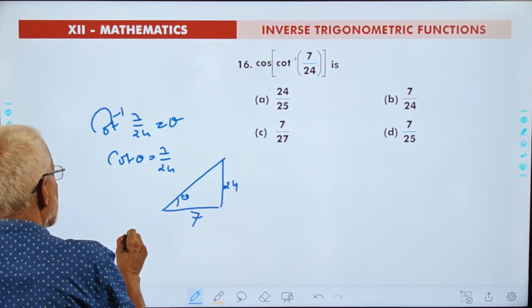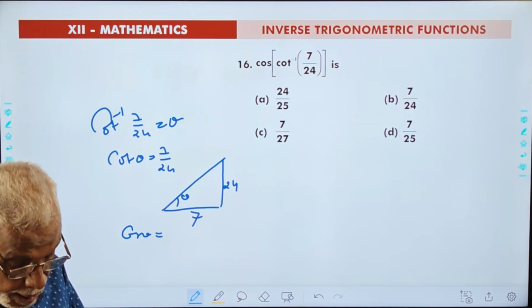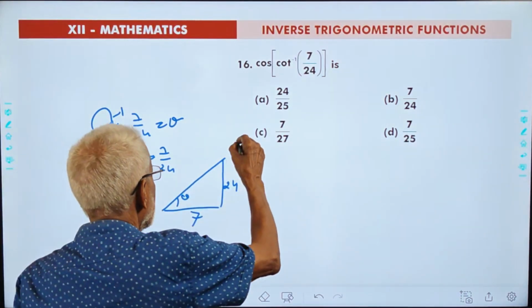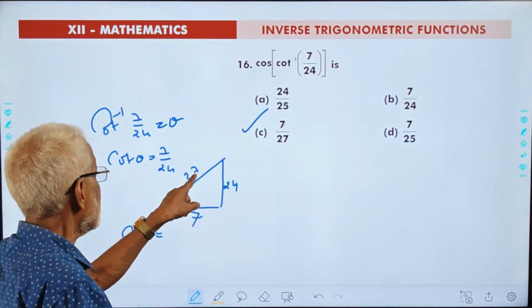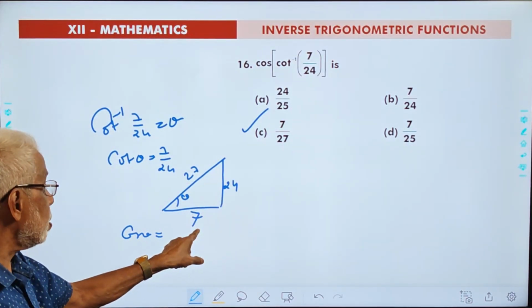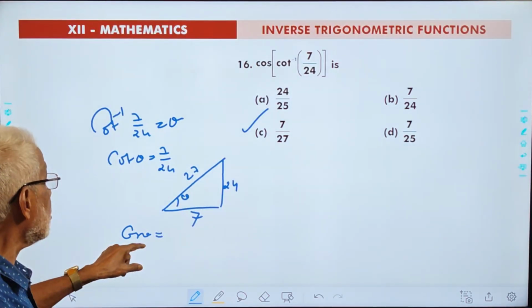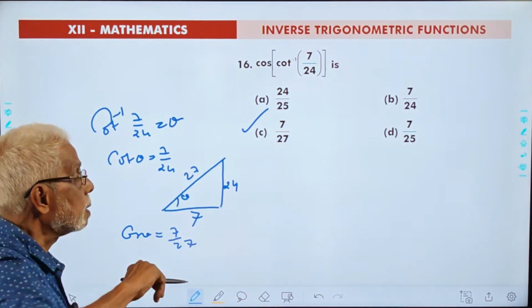Then the given expression is cos theta. The hypotenuse is the root of 24 square plus 7 square, which is equal to 25, which gives cos theta is equal to 7 by 25. The correct choice is C choice.